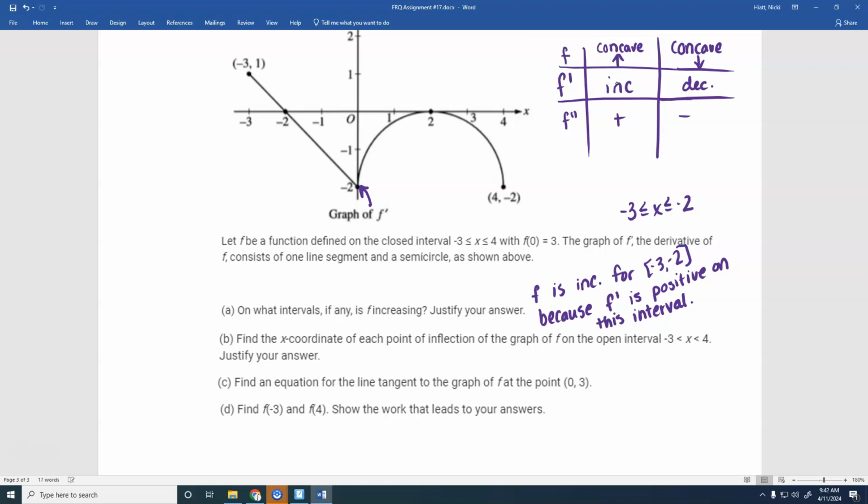0 and 2. All right, so you would say f has a point of inflection at x equals 0 and x equals 2 because f prime switches from increasing to decreasing or vice versa at these points.